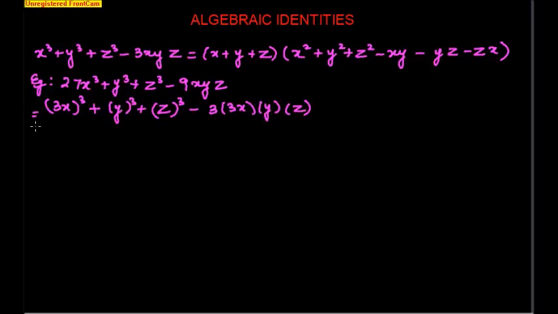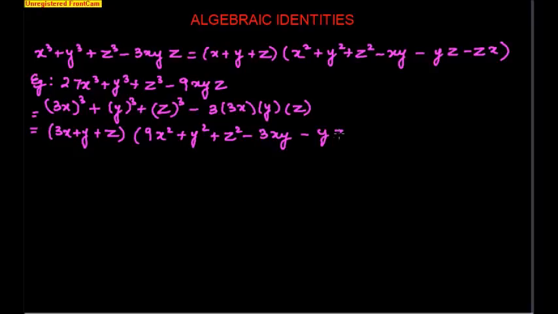Now this can be factorized as 3x plus y plus z into 9x square plus y square plus z square minus 3xy minus yz minus 3xz.